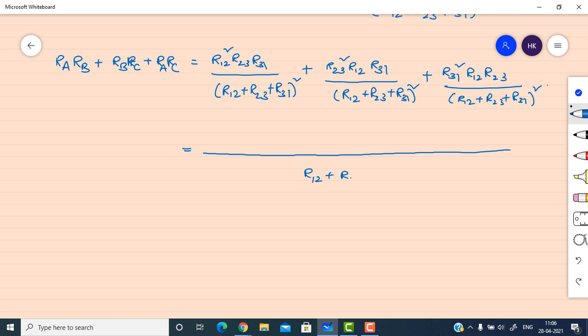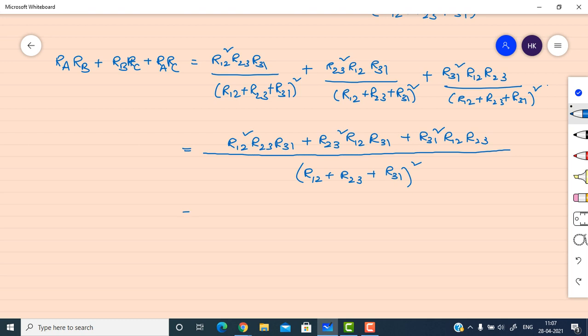So LCM is this. Now we can add all the terms in the numerator: R12 square R23 R31 plus R23 square R12 R31 plus R31 square R12 R23.